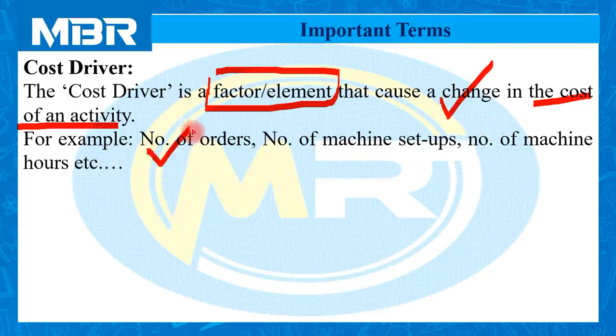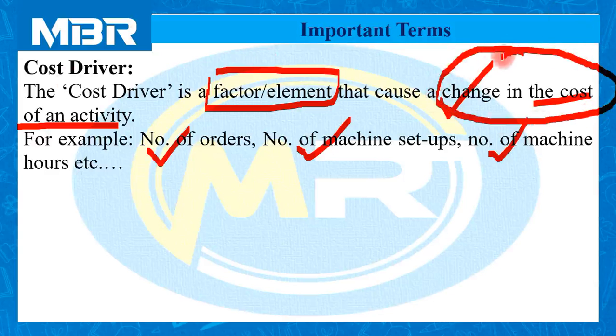For example, number of orders, number of machine setups, number of machine hours, etc. This factor is most important to understand in order to distribute the expenditure to different tasks, different products, different processes. How is it working? Because the change in a cost driver results in a change in the cost.